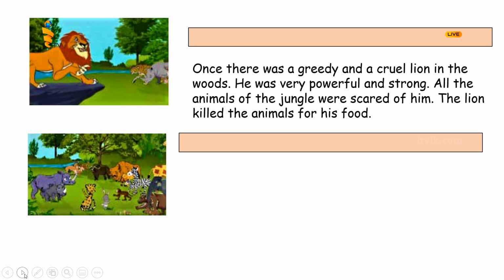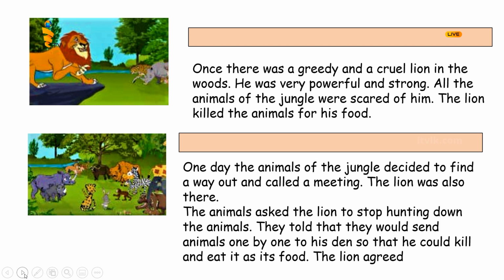Once there was a greedy and a cruel lion in the woods. That is the starting line that is given in the paper. He was very powerful and strong. All the animals of the jungle were scared of him. The lion killed the animals for his food. One day, the animals of the jungle decided to find a way out and called a meeting.